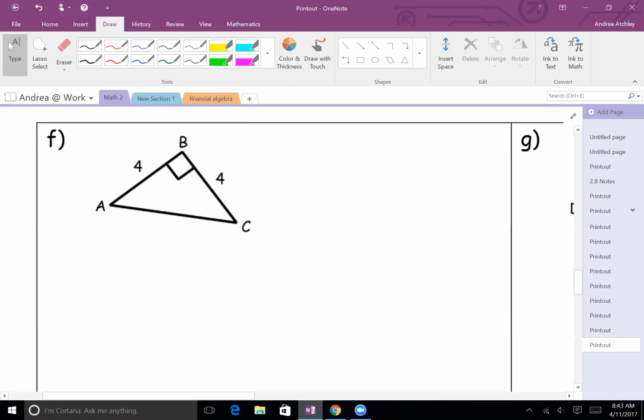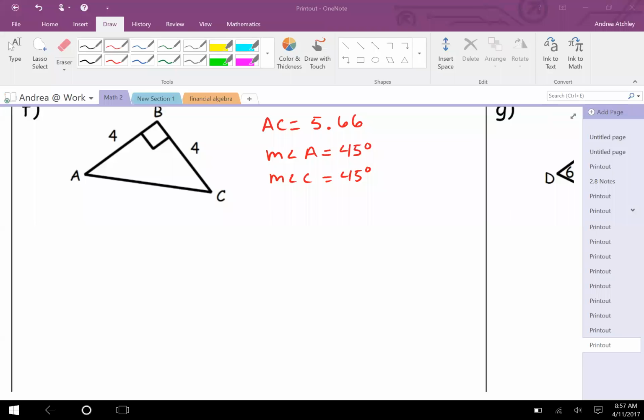So I want you guys to do F now on your own, or working in pairs is fine. Okay, so we mostly came up with this. To find the missing side, we should use the Pythagorean theorem. It should be 4 squared plus 4 squared equals my hypotenuse squared, which is x squared.